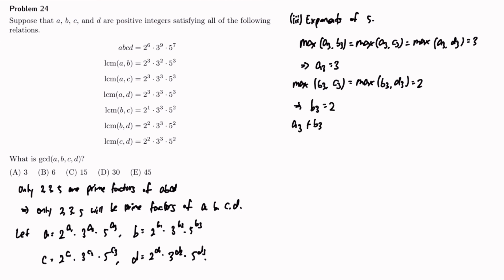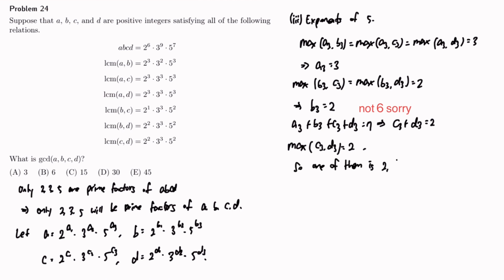We have a3 plus b3 plus c3 plus d3 equals 7, so we are left with c3 plus d3 is 2. Because the maximum of c3 and d3 is 2, one of them should be 2, and the other should be 0. The minimum of a3, b3, c3, and d3 is 0, so 5 doesn't divide the greatest common divisor of a, b, c, and d.